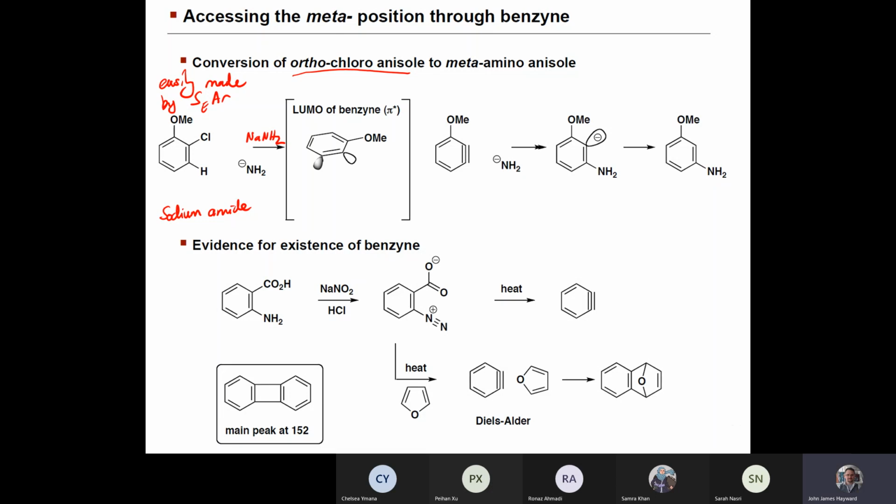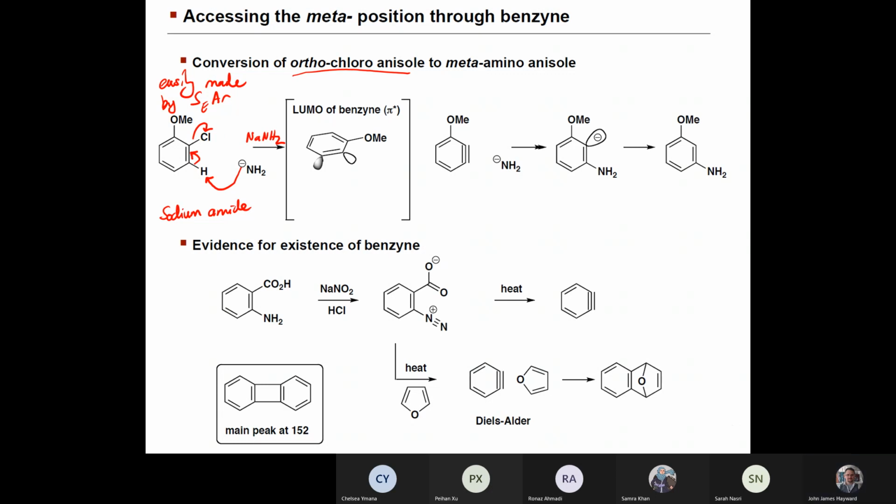Sodium in liquid ammonia gives you a bright blue solution because essentially you have dissolved electrons. As that solution ages, those electrons start to react with the ammonia, you give off hydrogen gas, and you generate sodium amide. So the amide attacks the hydrogen, and you actually get an E2 elimination.